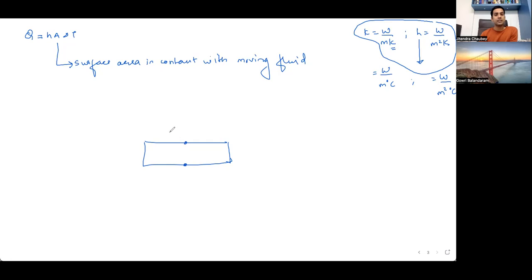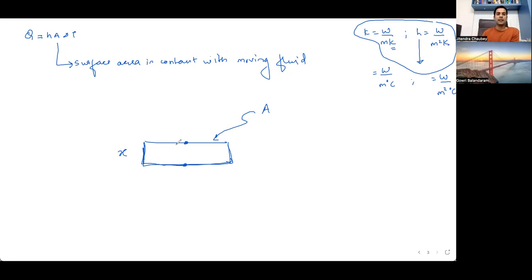It has some thickness x and some cross section area A. A higher temperature at the bottom and a colder temperature at the top are maintained somehow. So by conduction, heat will flow from hotter to colder.